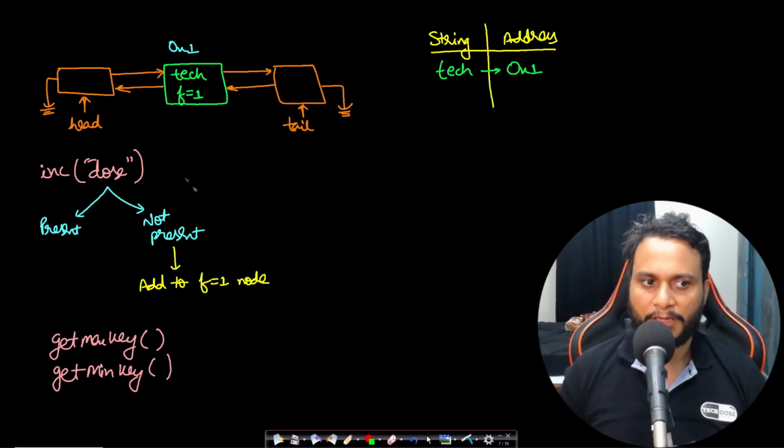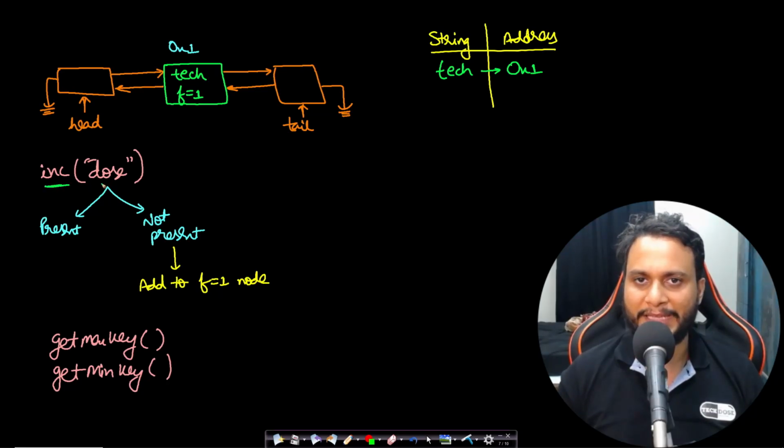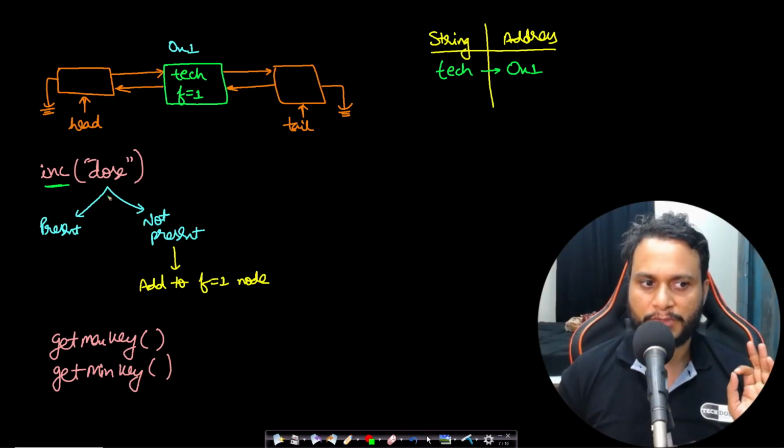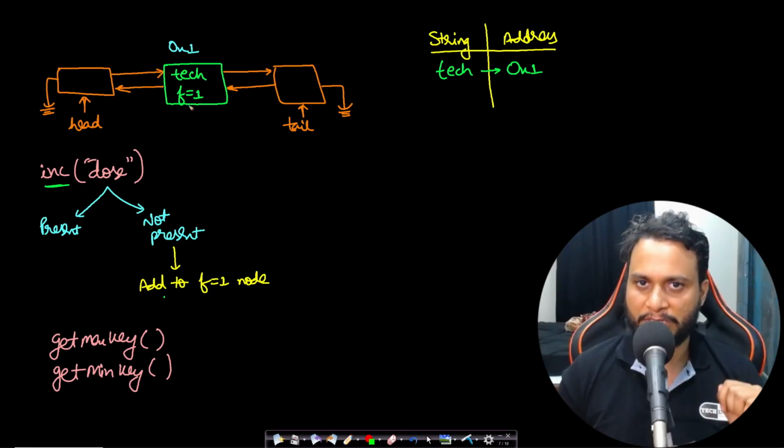Now let's say that this is the state currently, and I want to call the API increase dose. There can be two cases: either dose is present or dose is not present. In this case dose is not present. So I will have to add the dose word to the node with frequency 1, because a node with frequency 1 already exists. How do I know that dose does not exist?